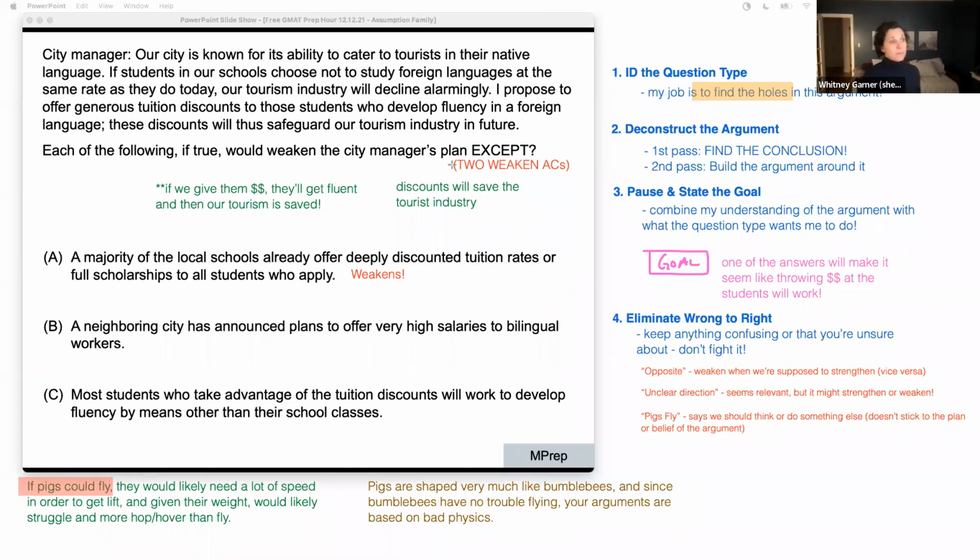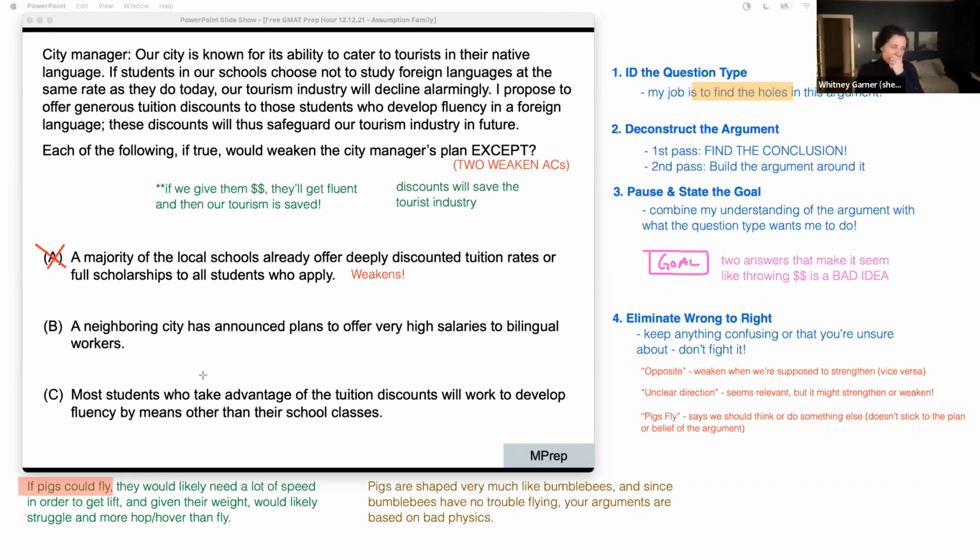In this case, I'm looking for 2 weakens. So my goal is really clear. I need 2 answers that make it seem like throwing money is a very, very bad idea. And in this case, this would be a terrible idea. Why would I throw money at a problem that already is free? That doesn't make any sense.